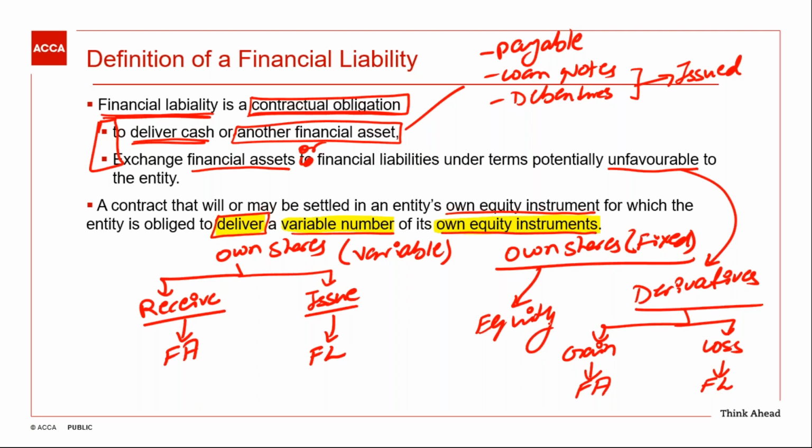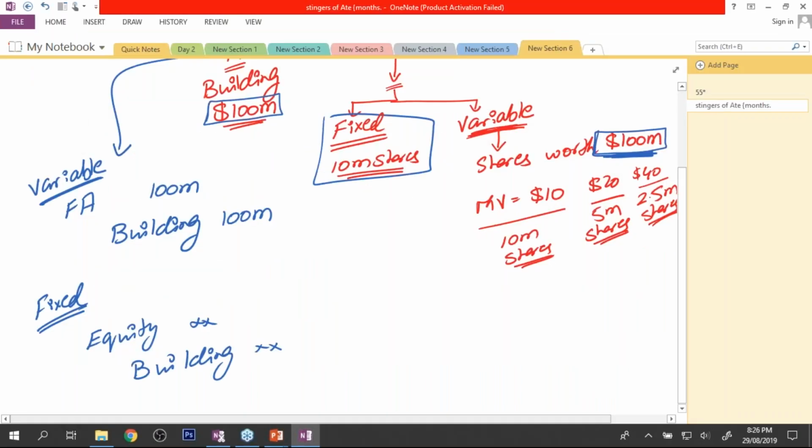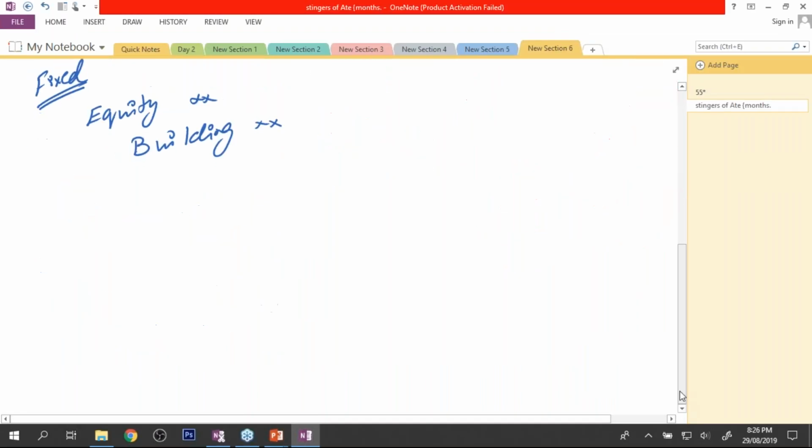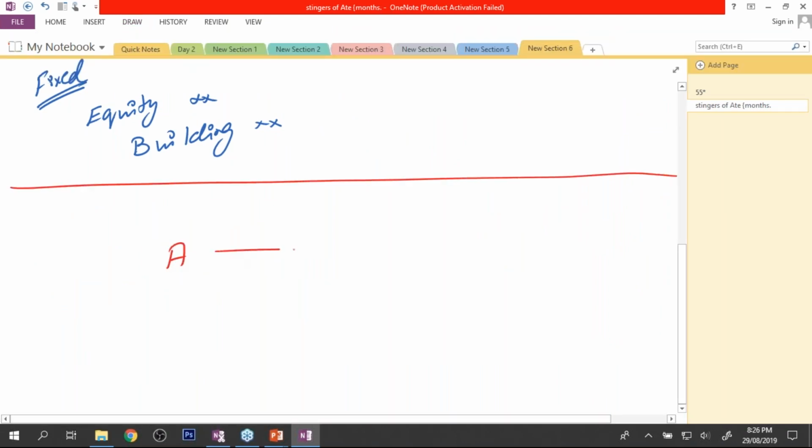Now let's suppose if I go back again onto the example and I make a similar example again, that I am an entity A, I go to B, and B actually has a building of its own, and we ask B that we want to buy the building from you.